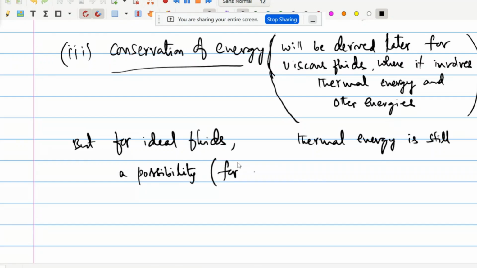For example, liquid gases, let's put it as compressible. For example, non-viscous gases, meaning non-viscous compressible fluids.